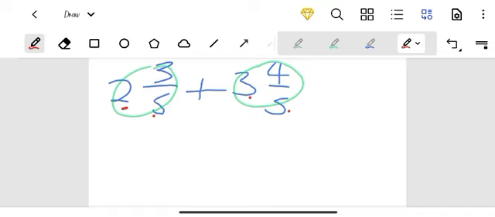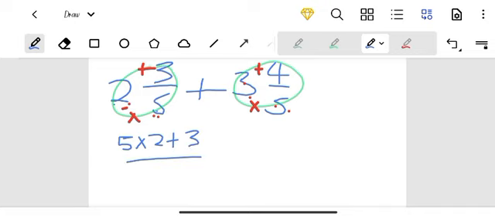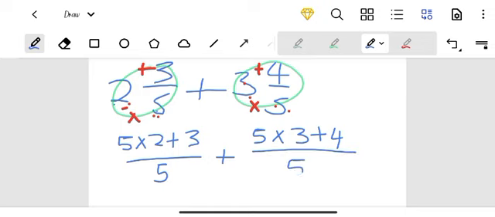So option 1, whereby you change this to an improper fraction, you're going to say that multiplied by that plus that. You write and multiply there, and then that plus that. So you're going to say 5 times 2 plus 3 over the same denominator, 5, plus 5 times 3 plus 4 all over 5.